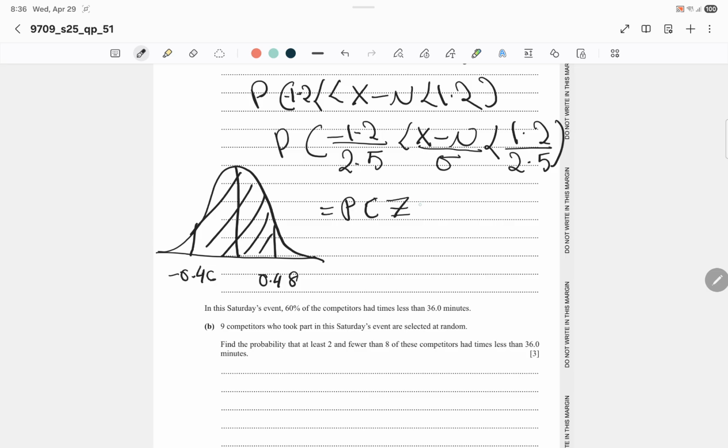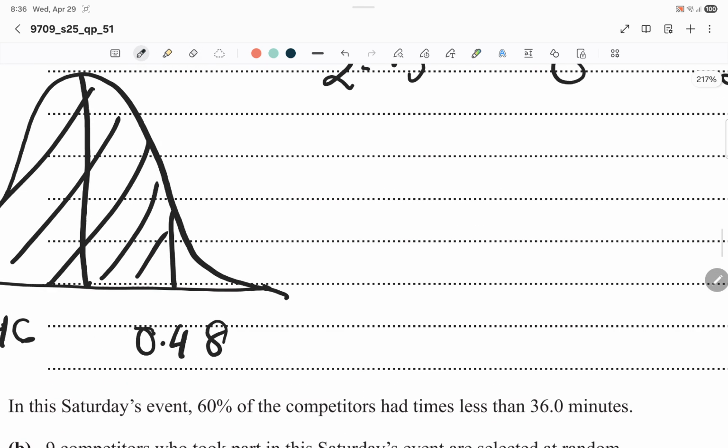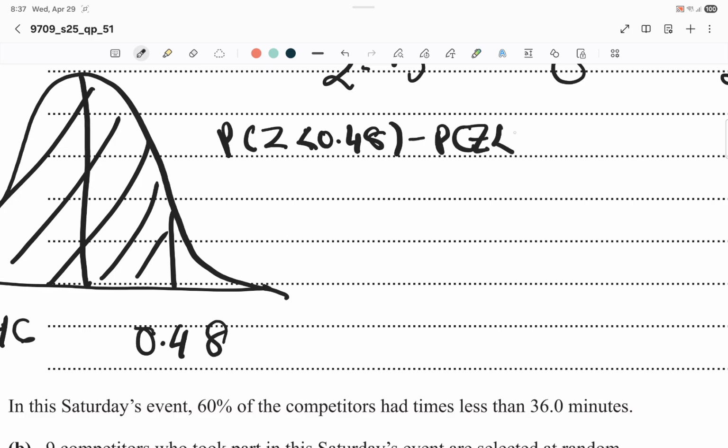Z value we get as 0.48, minus P. Z value we get as 0.4. Sorry, I'm going to run out of space here. Let's just write it again. We get the value as P(Z less than 0.48) minus P(Z less than minus 0.48).